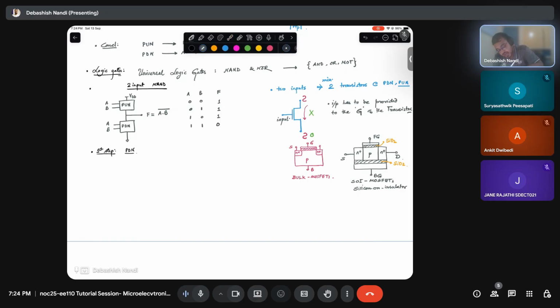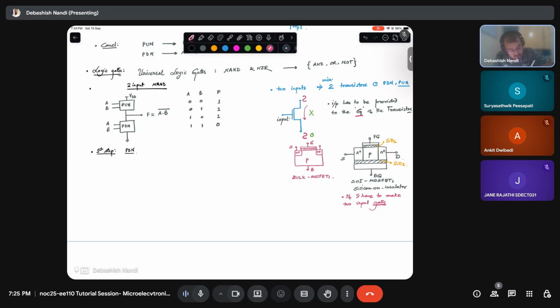So if I have to make two input logic gates, from now on, to denote the gate of the transistor, I will use this symbol, and to mention logic gates, I'll write the entire word gate. Okay.